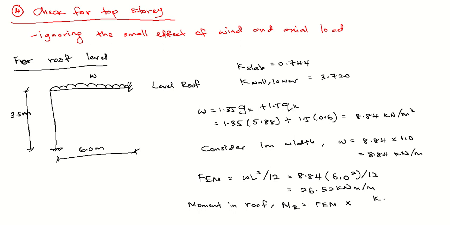Times the K of wall lower, the ratio of the K, the stiffness, divided by the total K. For example, for previous step, we have the upper wall, so the total K is the K of the upper wall plus the K of the lower wall plus the K of the slab. For this case, we just have K of the slab and also K of the lower wall.